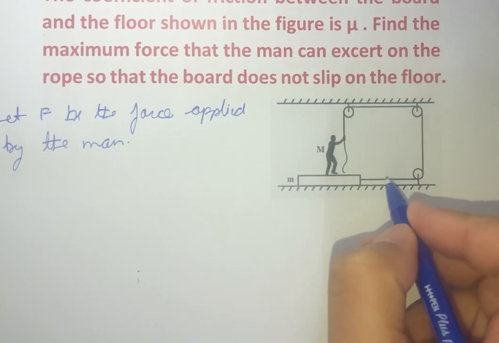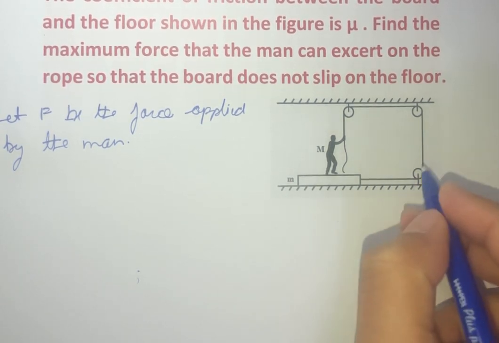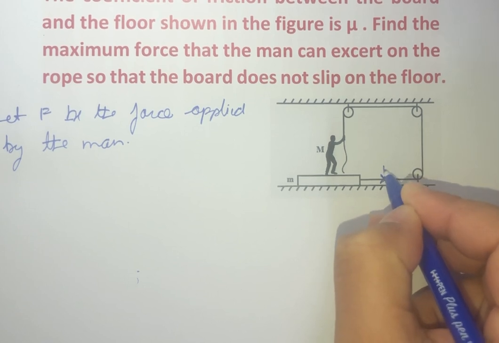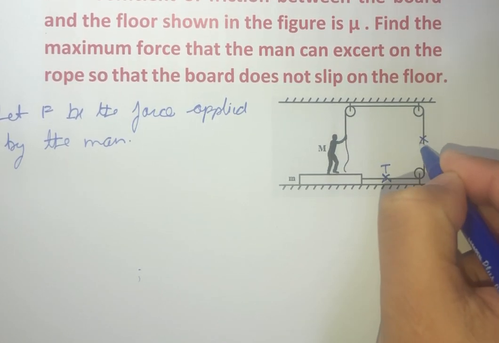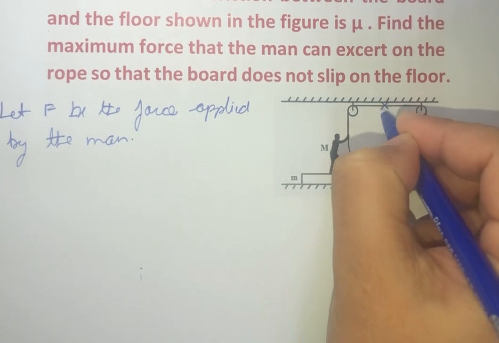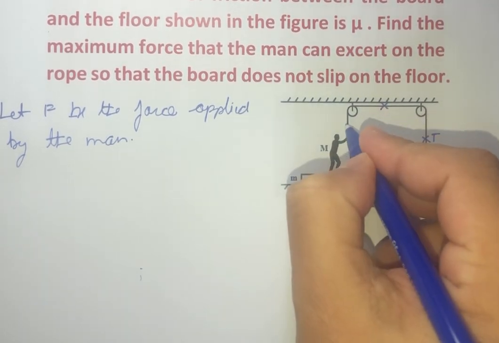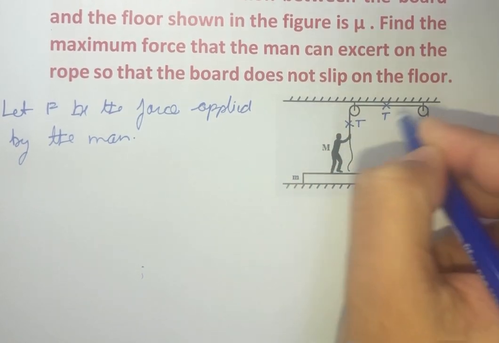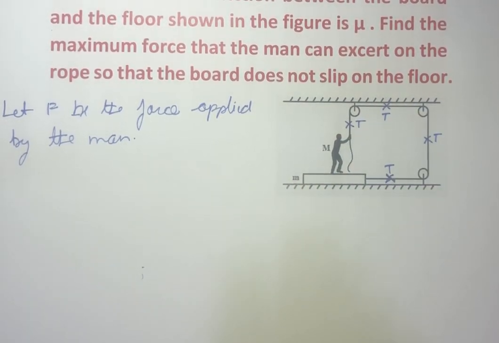Next, we are going to mark the tension also. So we are going to have a tension T here. As it is a single continuous rope, the value will be the same across the string.